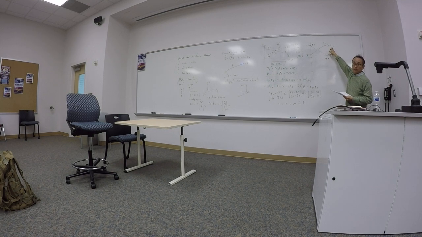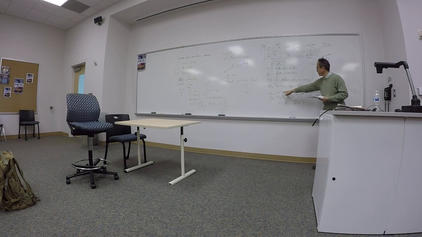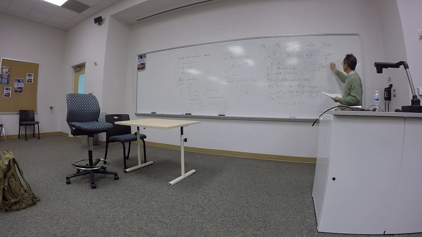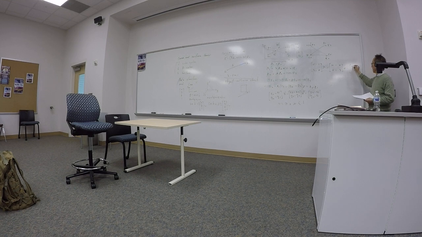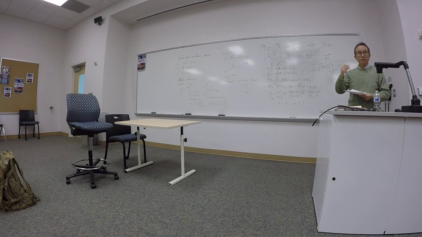So 4 minus X1, which is 0, and 3 minus 0, times lambda, minus X4, 4, and Y4, 0, minus X3, 0, minus 3, times mu, is equal to X3, 0, 3, minus X1, 0. That's your equation. But there are 2 equations, one for X and one for Y.